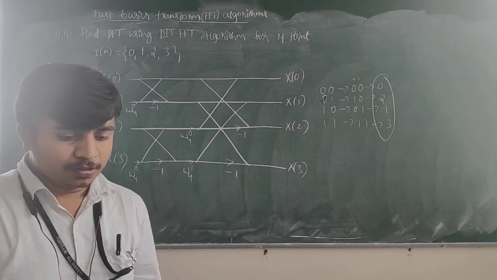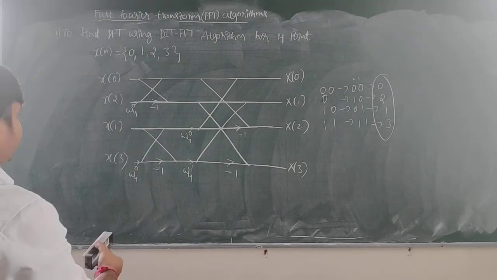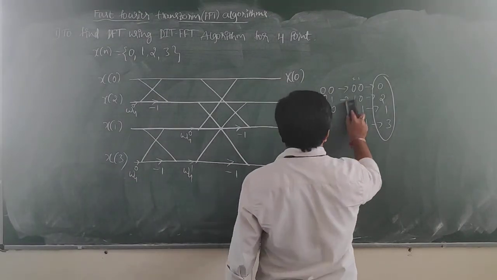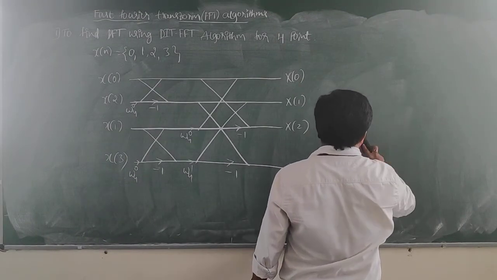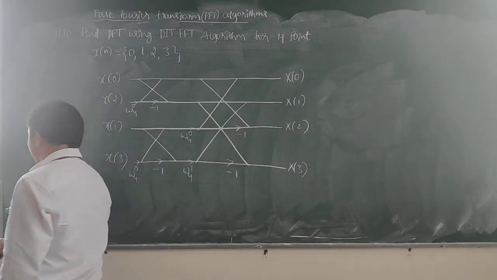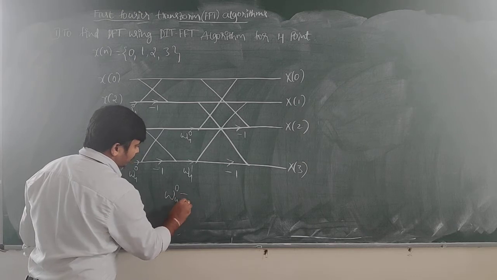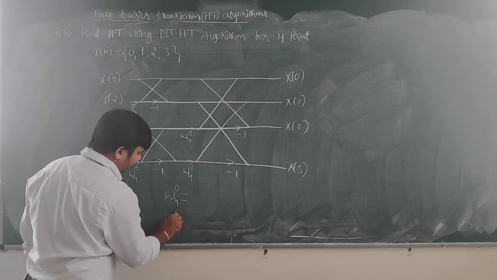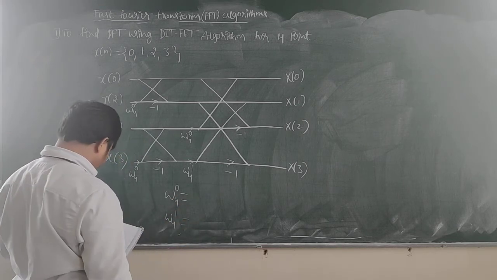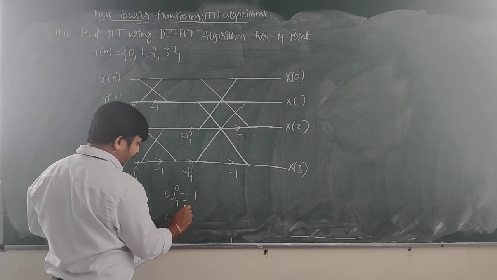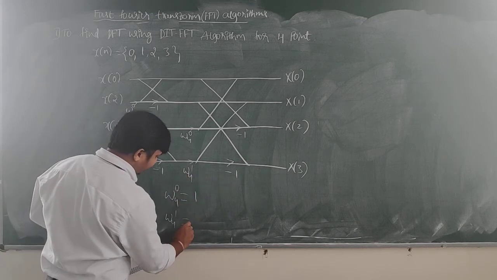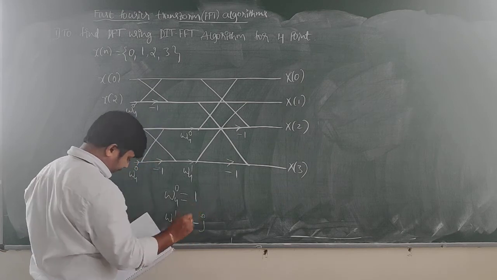In the last class I showed you how to find the values of W4 power 0 and W4 power 1, so recall. W4 power 0 is equal to 1 and W4 power 1 is equal to minus j.